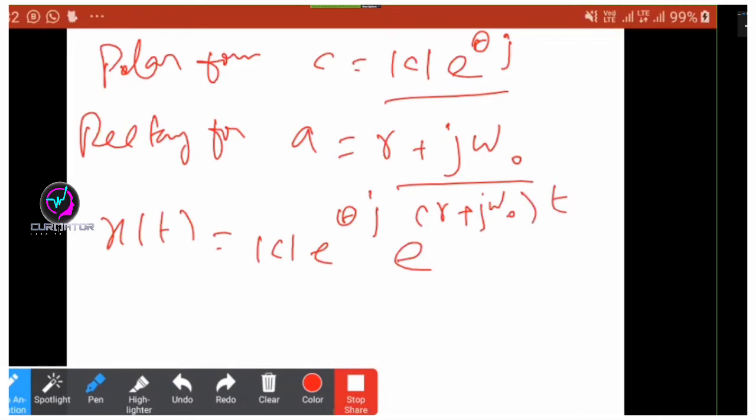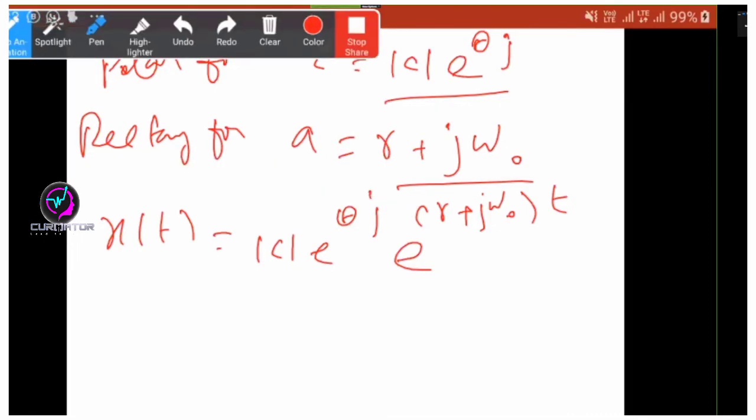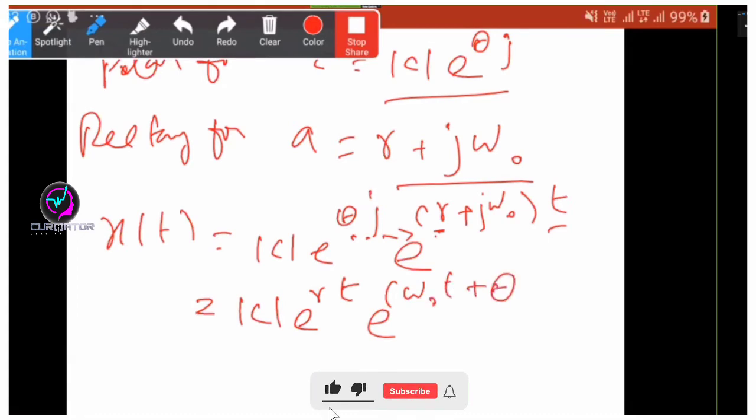By rewriting this equation, I get mod c e power r t. I am taking this e power r t out, and I'm going to include this theta j into this, so it will be like this: omega t plus theta j.